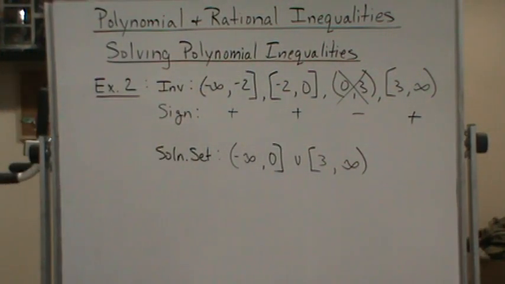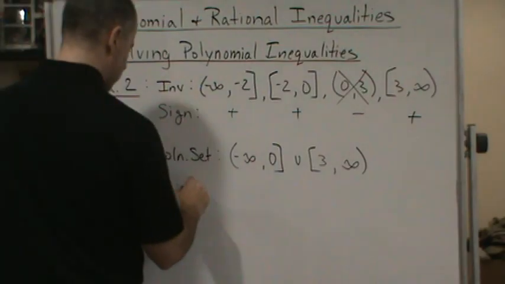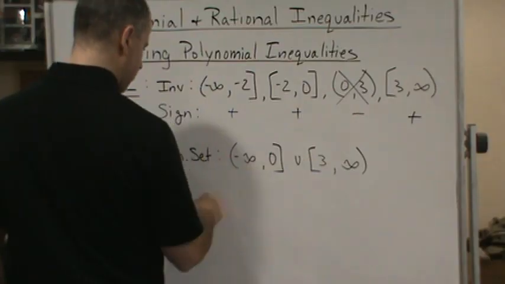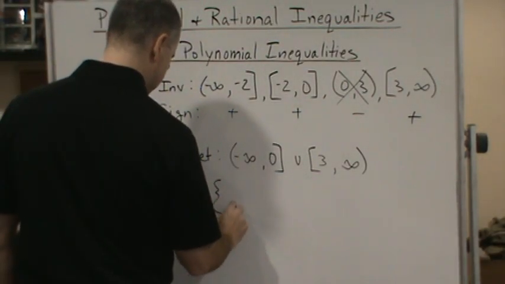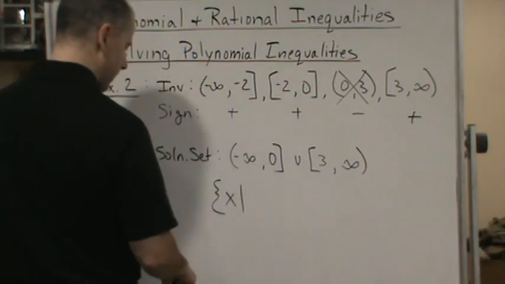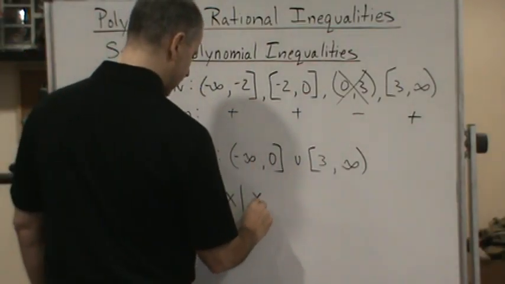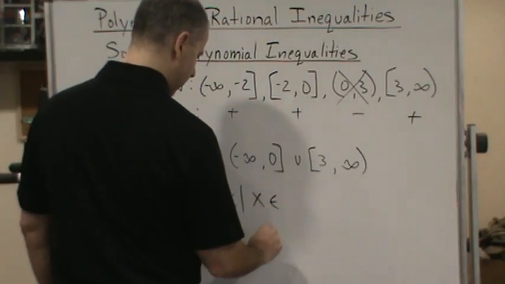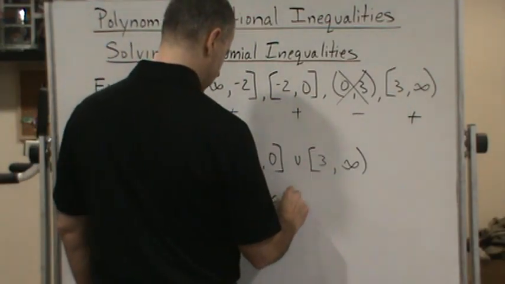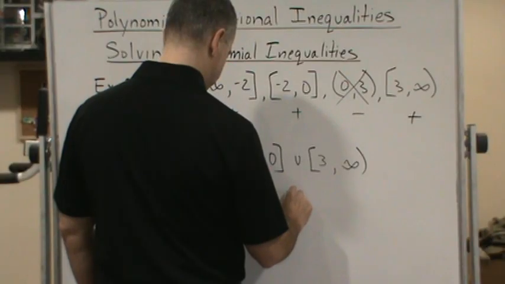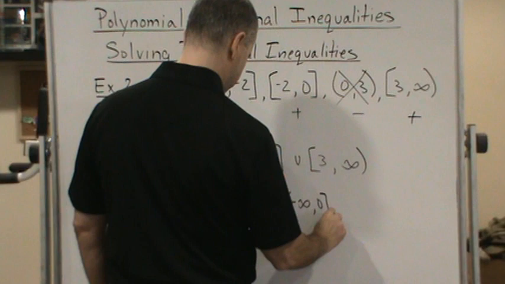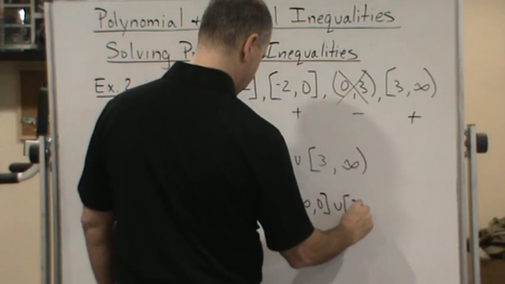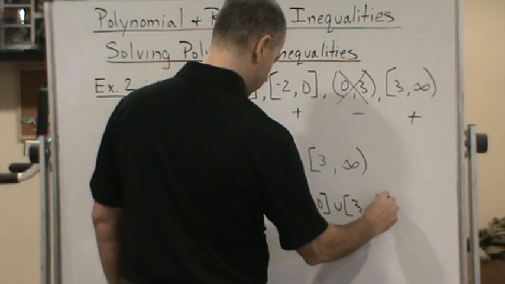Okay, and so this is interval notation. Set builder notation again would be the set of all x such that x is an element of negative infinity to 0, union 3 to positive infinity.